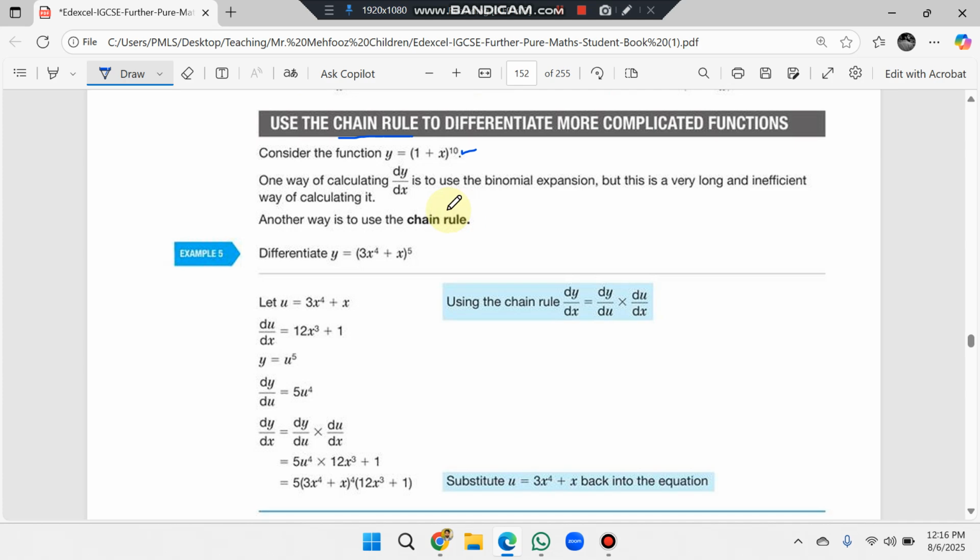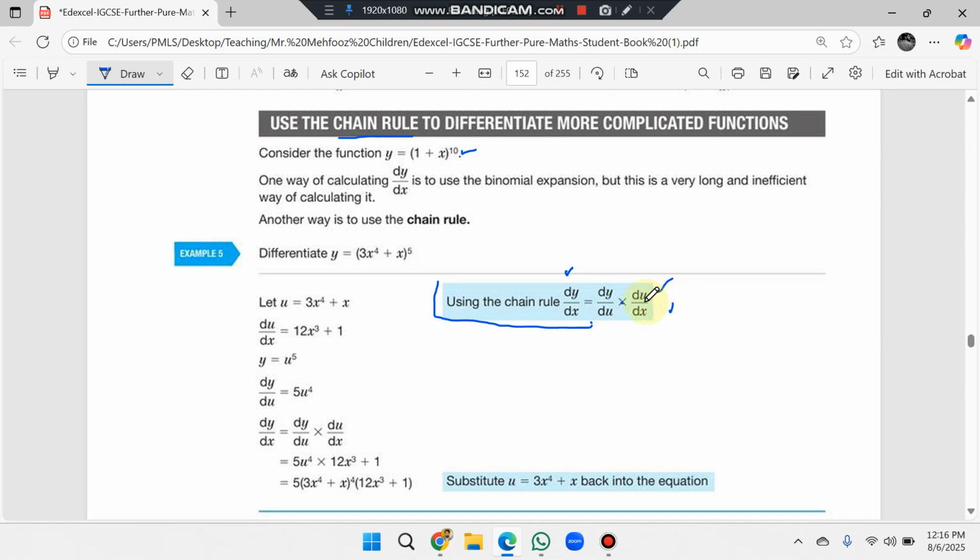So what is the chain rule? The chain rule is written in this way: if we have to find the value of dy over dx, that will be equal to dy by du multiplied by du by dx.